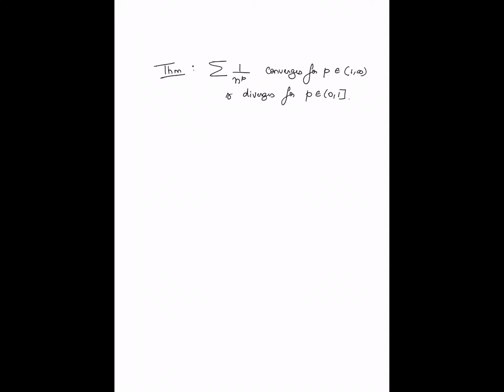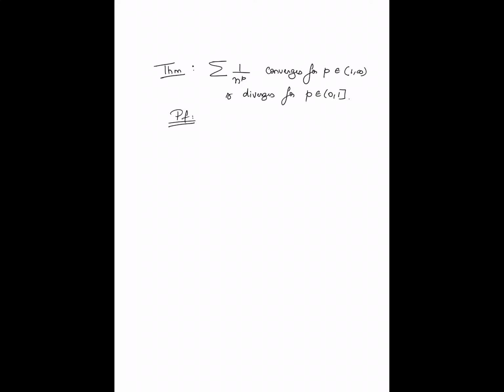So how do we go about proving this? The proof is basically just going to be one line. Well, we know that 1 by n raised to p, if you look at this as a sequence in n, is non-negative and decreases with n.